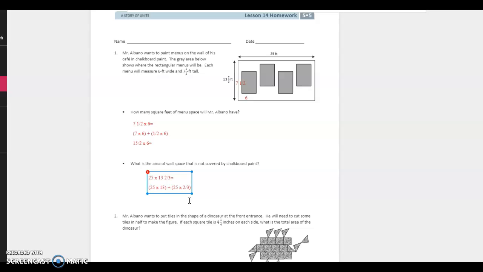You're either doing it that way, or you're taking 25 times, and now you have to convert 13 and 2/3 into an improper fraction. So we take our denominator times our whole number, and then we add our numerator. So whatever 13 times 3 is, you add 2, and then you put that answer over 3. Okay, so go ahead and try that one out.